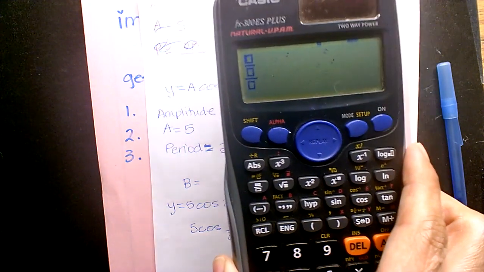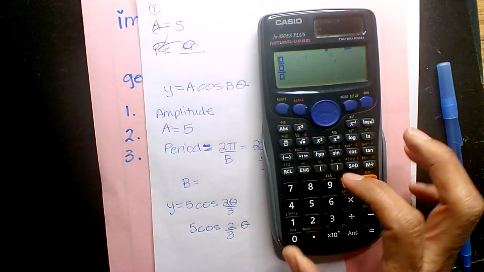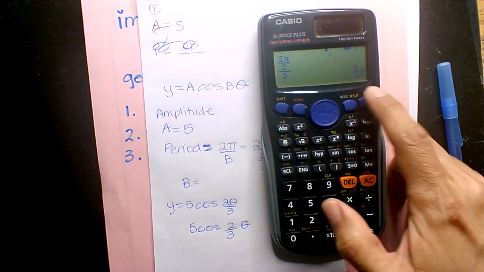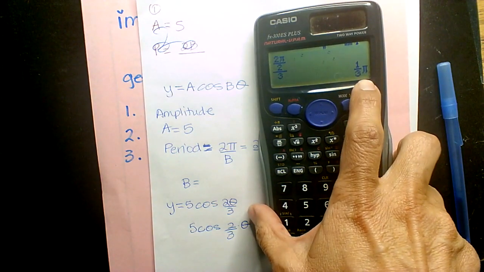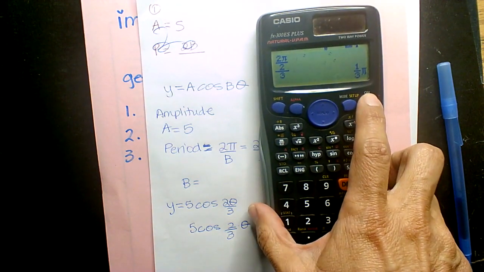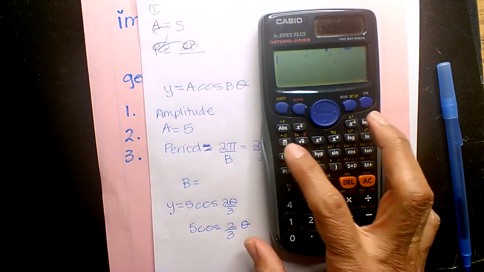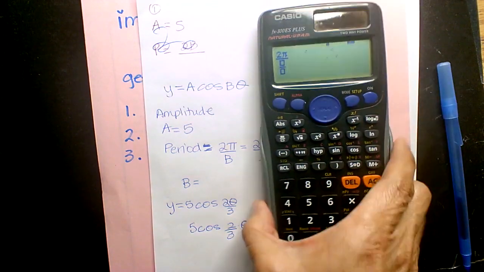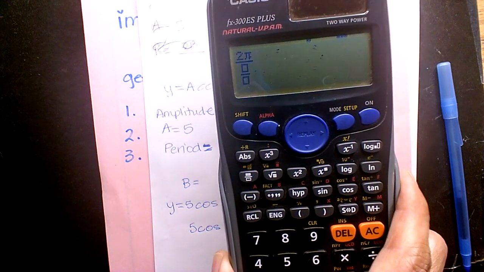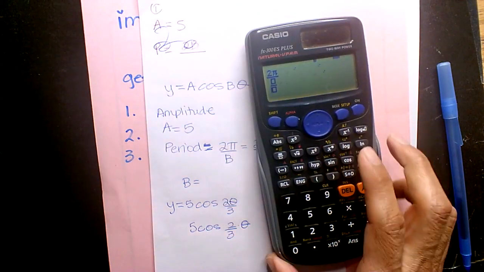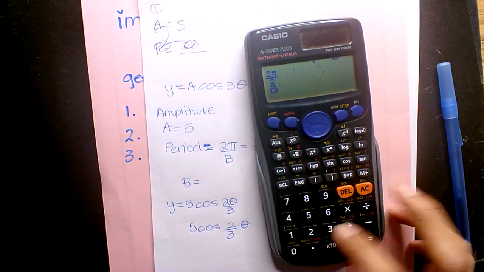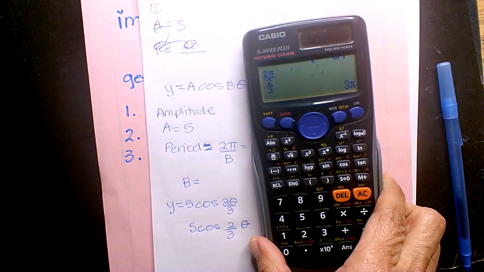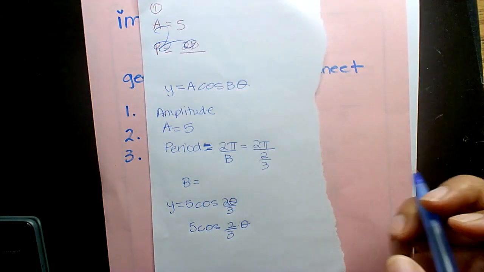That's going to give you the wrong answer. If I put 2 pi over 2/3, it is not pi over 3. What you have is fraction 2 pi, and your denominator is a fraction, that's your 2/3, and I get 3 pi. That's correct.